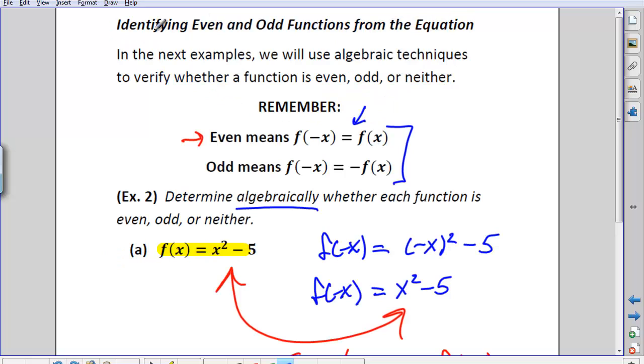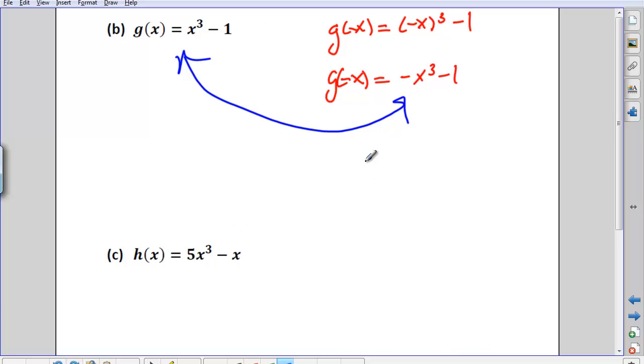Maybe it's odd. What does odd say? Okay, f of negative x should be the opposite of f of x. Well, the opposite, in this case, of g of x would be the opposite of the whole function, right? Which is, if we distribute that negative sign, negative x cubed plus 1.